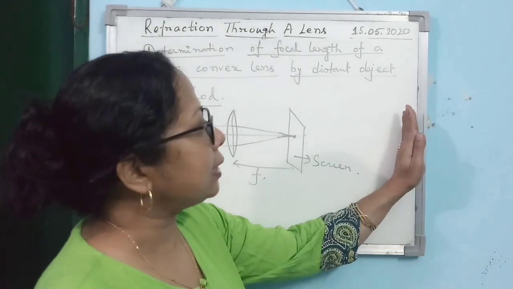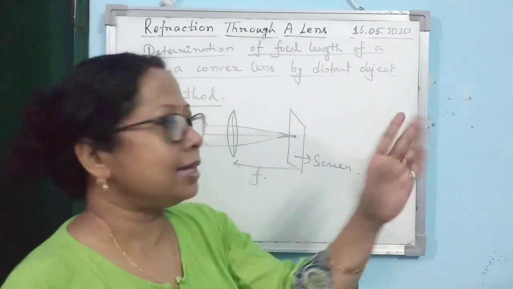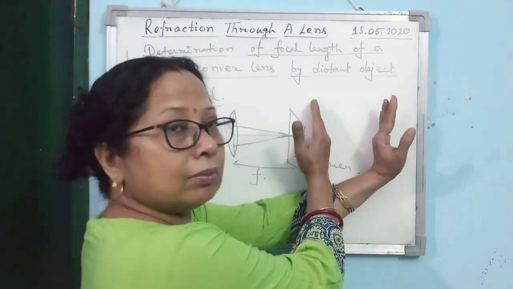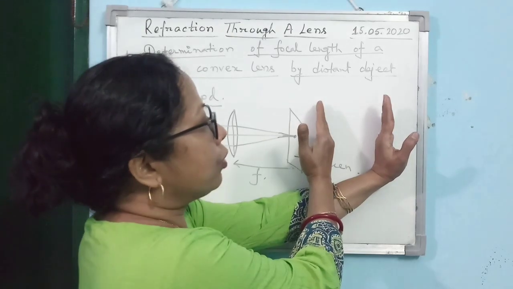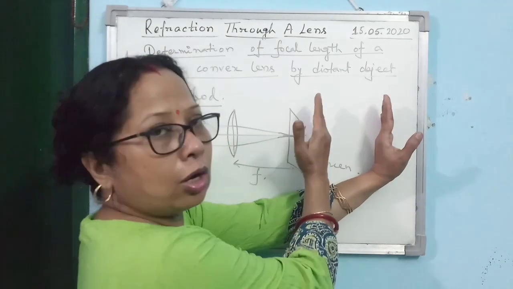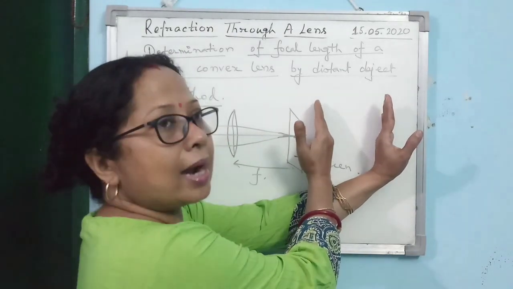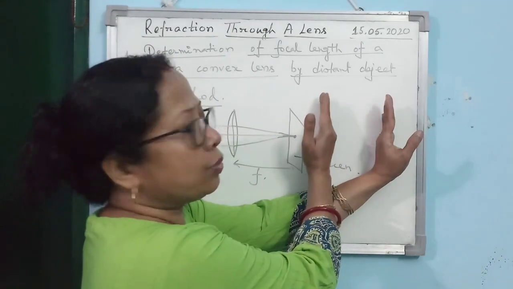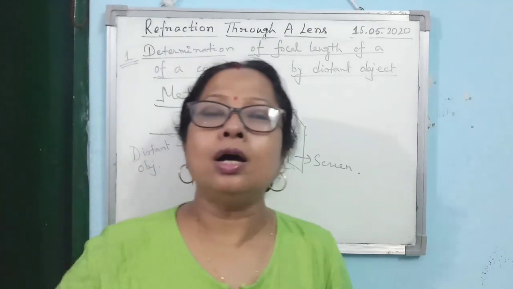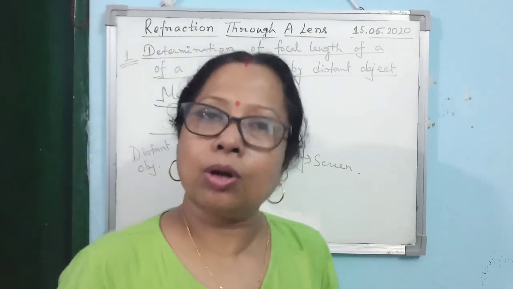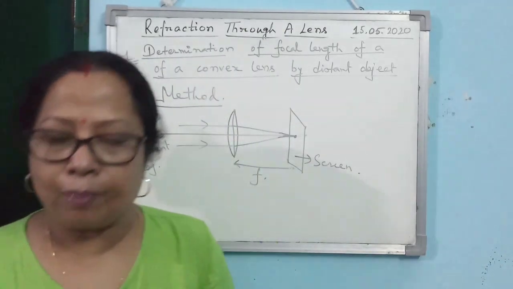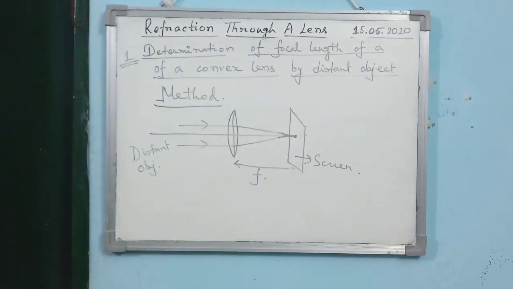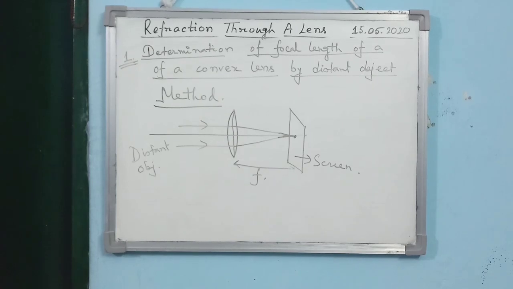This is the lens, here is the screen, and you have got a distinct image on the screen. Holding the lens and the screen at the same position, you measure the distance between these two. That will give you the focal length of the lens. This is the way you can measure the focal length of a convex lens by the distant object method.